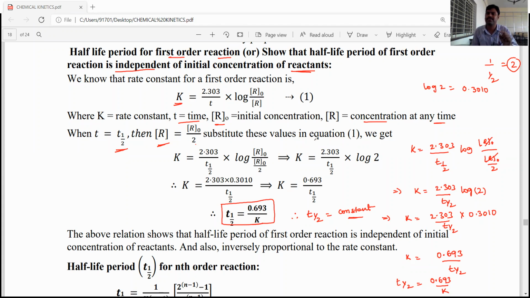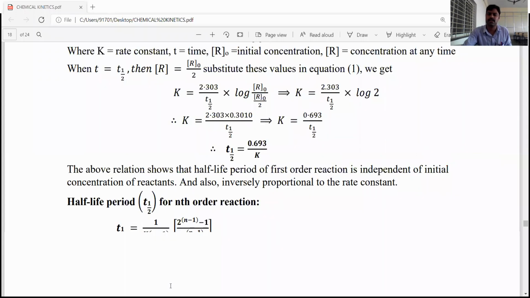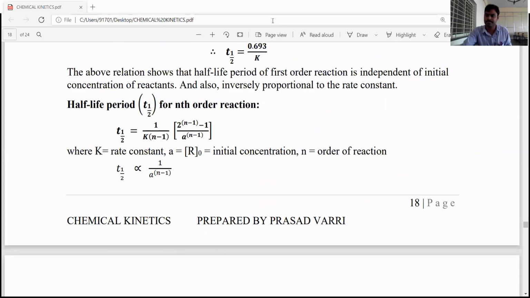Okay, dear students, these are very, very important formulas for the half-life period of zero order reactions as well as first order reactions. Now I will give you one general equation, dear students, for the half-life period of nth order reactions. If you remember this equation, then you will get an idea of the relation between the half-life period of a reaction and its initial concentration, dear students.